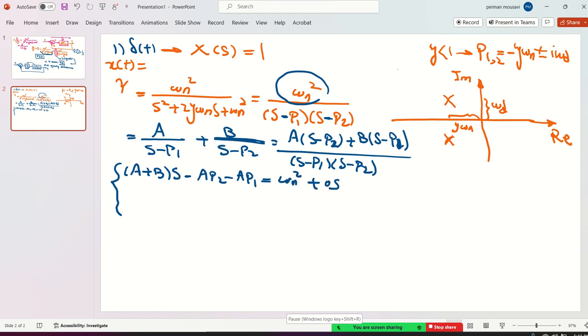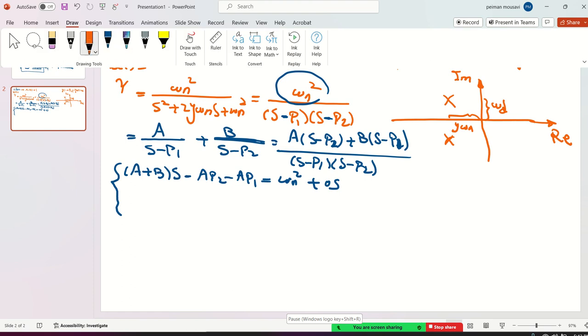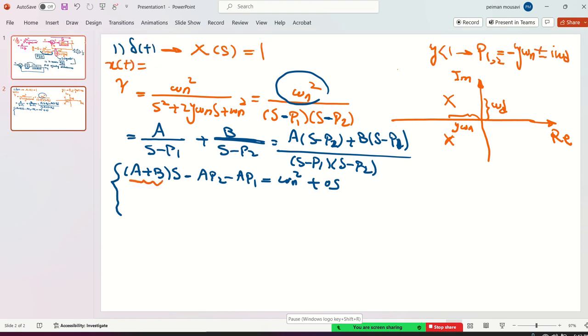We don't have s here. Saying that, you get A plus B is 0. So A is equal to minus B. And this is equal to how much? Natural frequency squared.